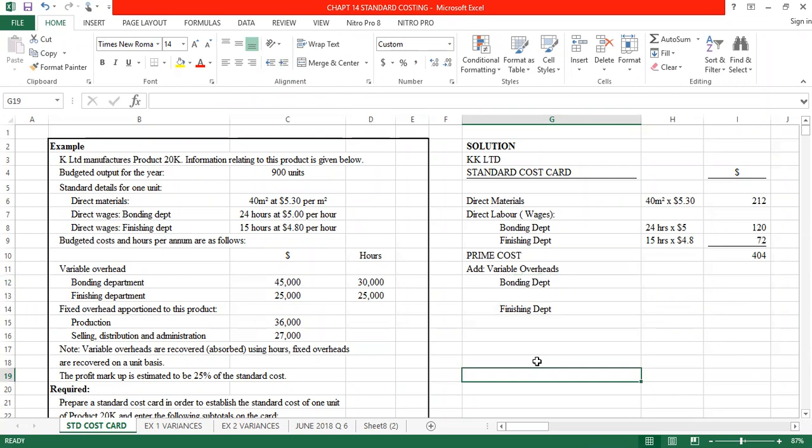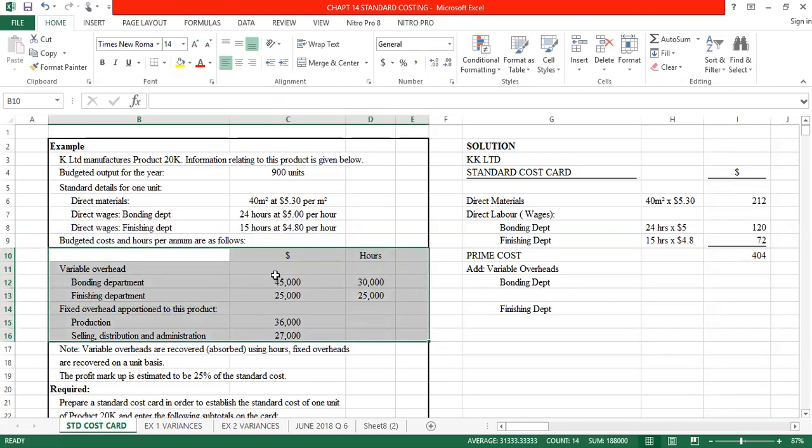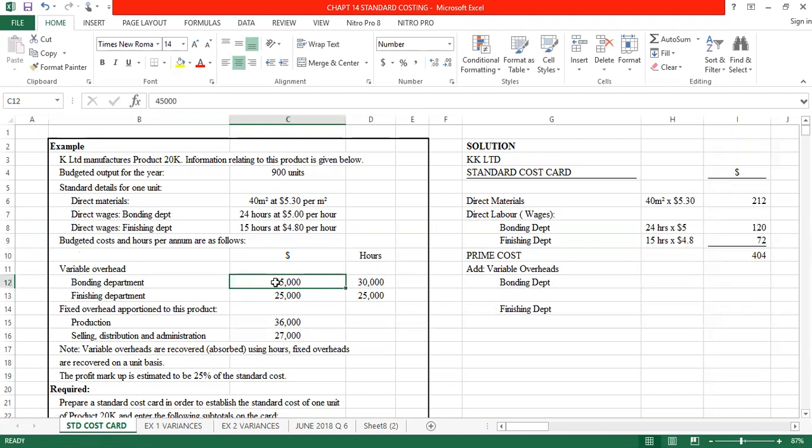Now, in the bonding department, take note of this, you are being told the budgeted cost and hours per annum. This is not per unit. So what is the bonding cost per annum? It is 45,000 in a year, and in the total year, we have 30,000 hours.